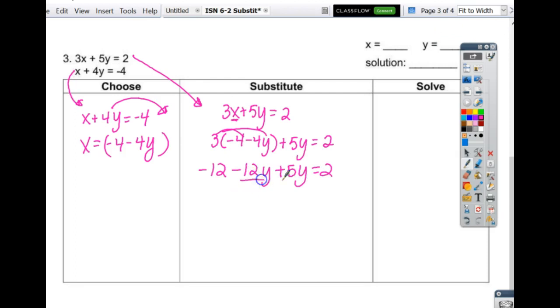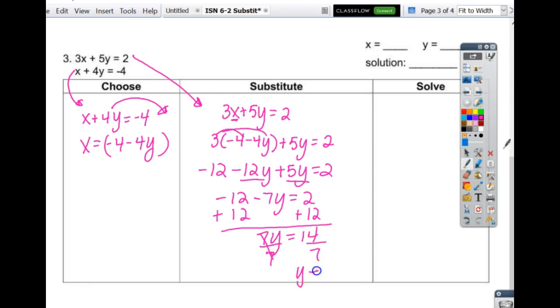And then I'm going to combine like terms. So I get y is 2. So that's here and here. Oh, yeah. Thanks. So it's negative 2.